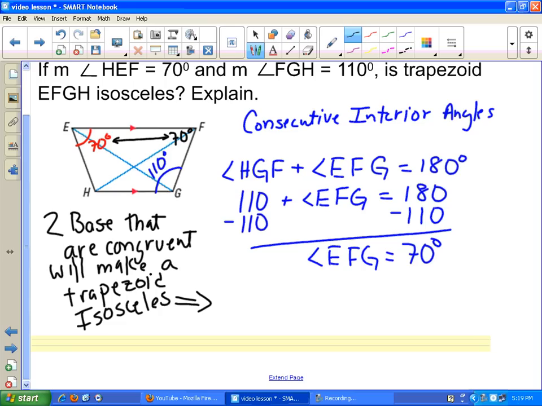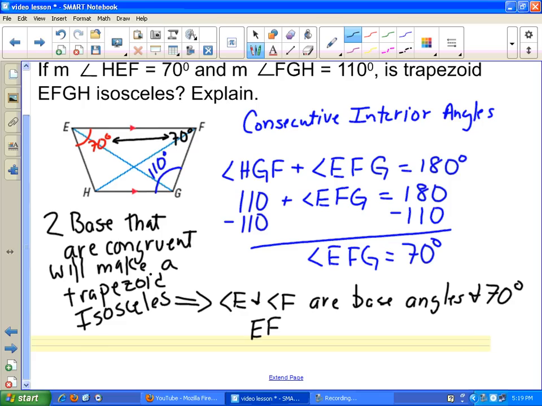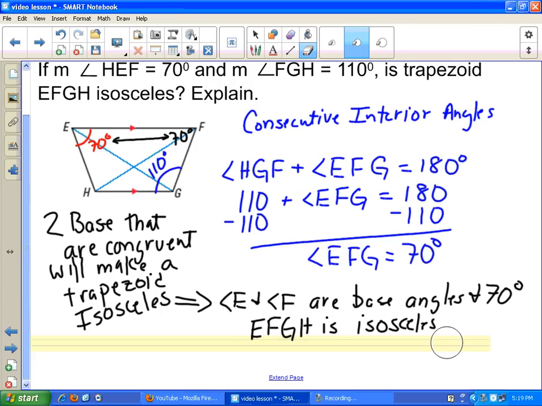Therefore, angle E and angle F are base angles and 70 degrees. We know that trapezoid EFGH is isosceles. Don't need the extra S. Trapezoid.